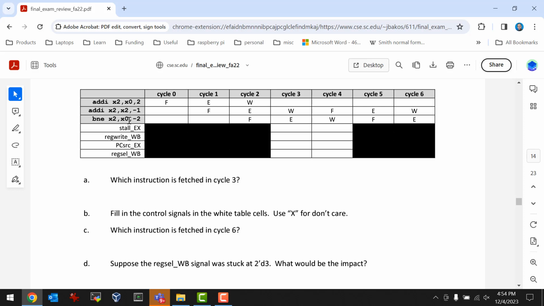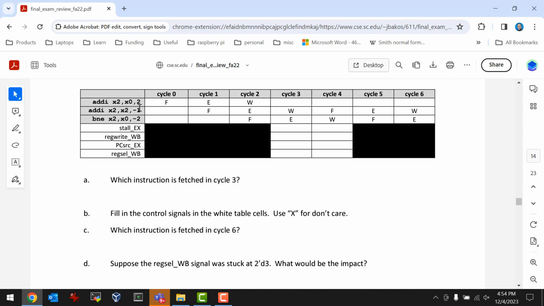Oh, so actually the second branch is not taken. So it's going to be whatever's after the branch, fall through. You guys with me? So there was another curveball in there, right?